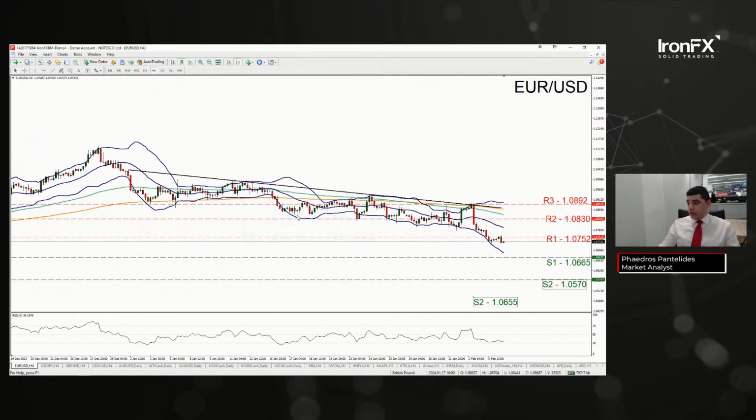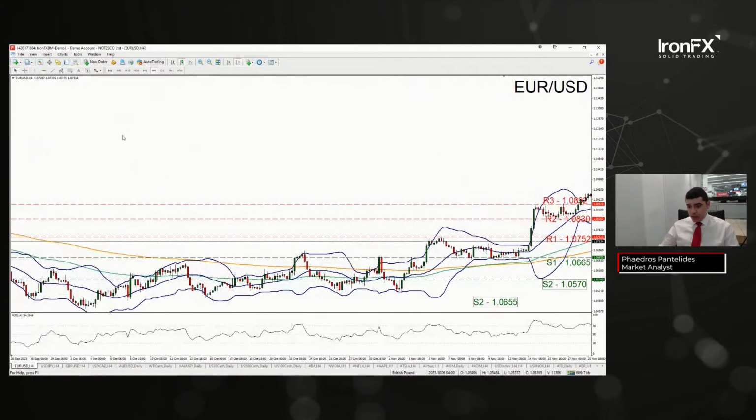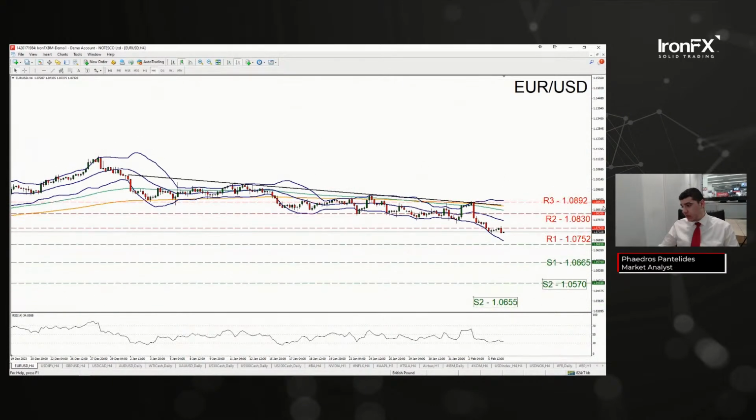And then for S3, we need to go back and take this previous low, with multiple touches, equidistant between S1, S2, and then S3. So giving it some room to breathe should it break below S1 and S2.